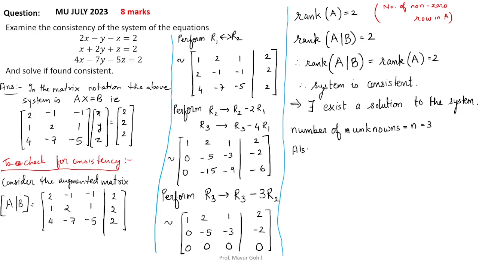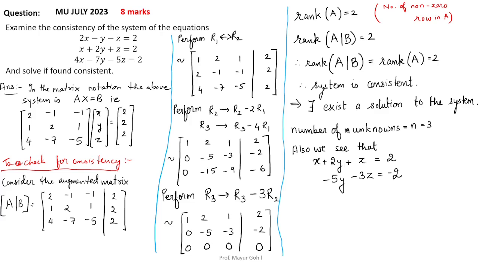Also we see that, now we write down from this row echelon form of the augmented matrix, x plus 2y plus z is equals to 2, and minus of 5y minus 3z is equals to minus of 2. This is what we have got.